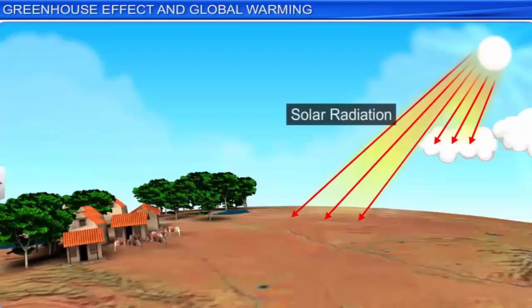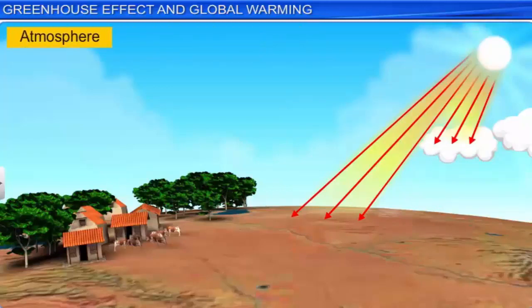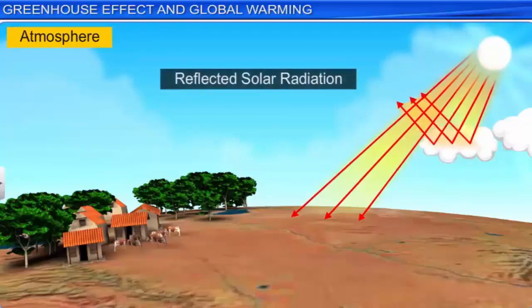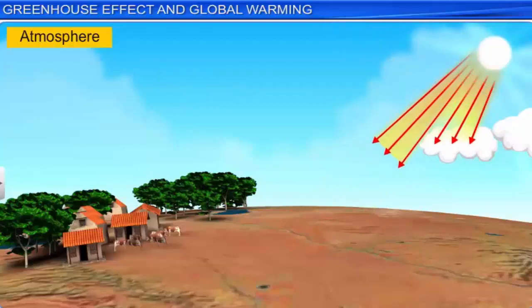When solar radiation enters the atmosphere, it gets absorbed by clouds and gases. However, about 1/4 of the incoming solar radiation is reflected by clouds and gases. The atmosphere allows most of the radiation to pass through and heat the Earth's surface.